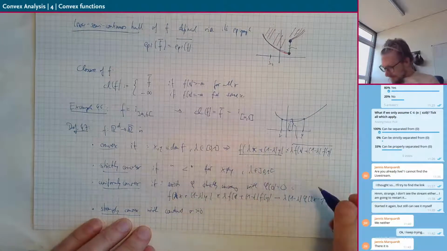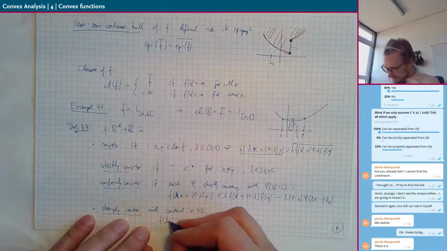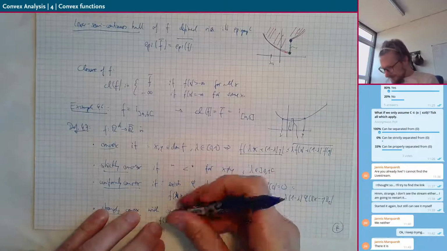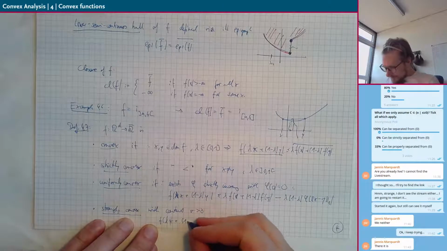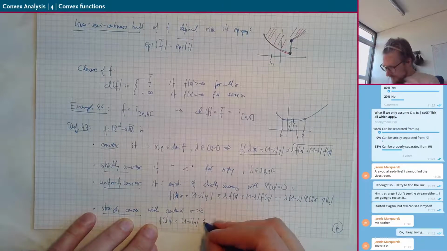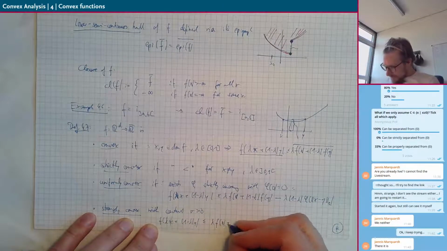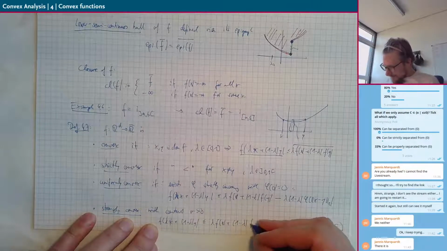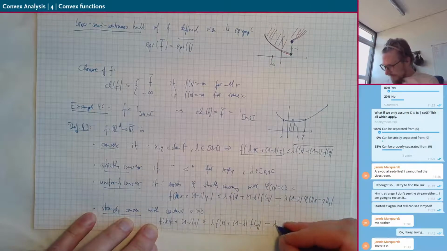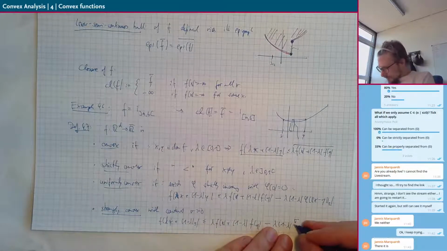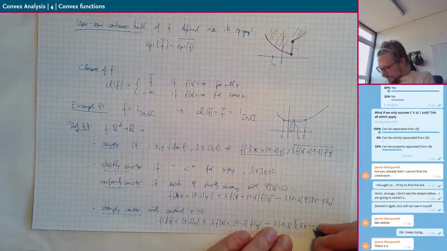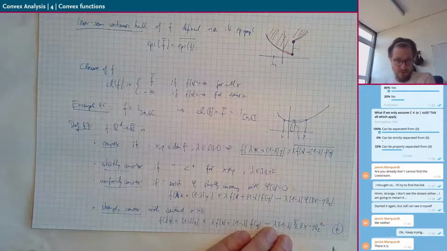The same assumptions: f of lambda x plus 1 minus lambda y is smaller or equal to lambda f of x plus 1 minus lambda f of y minus lambda times 1 minus lambda times sigma over 2 times the squared norm of x minus y.